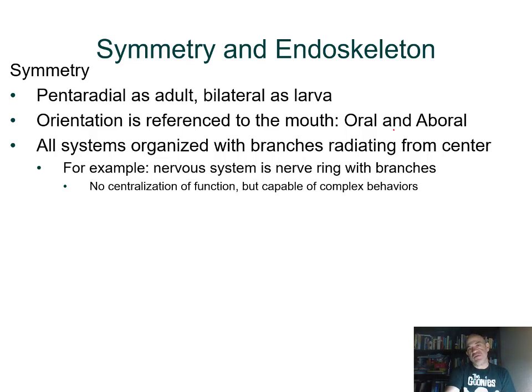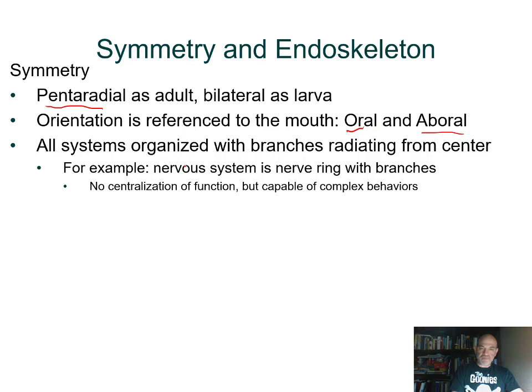The symmetry of this group is radial, and so is their endoskeleton. When the adult develops from the bilateral larva, it is going to be pentaradial, and so the radial symmetry, as I mentioned, there's no such thing as a left or a right side, a dorsal or ventral. Instead, you're going to have the oral, and then the opposite side is the aboral side.